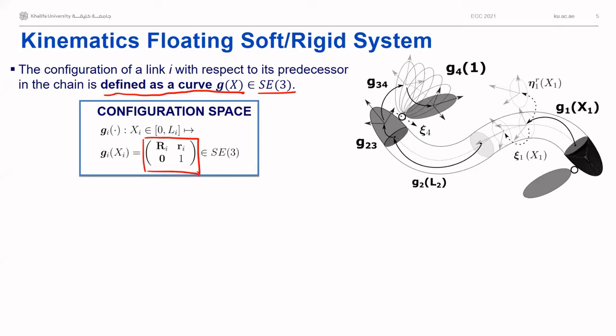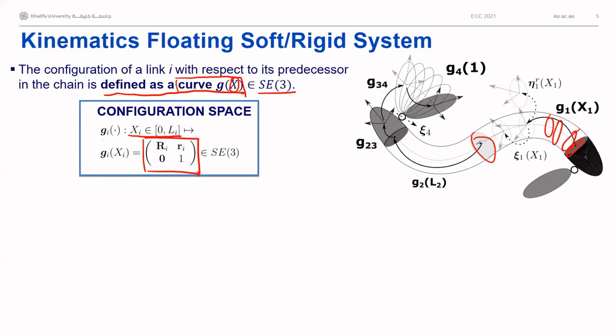Now, the first very important thing to highlight is that this curve is clearly a good choice for a soft link, because you parameterize your curve with respect to x. x is the curvilinear abscissa that identifies the cross-section of your link. 0 is the base and L is the tip of your soft link.